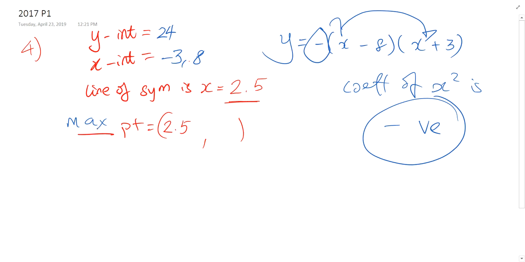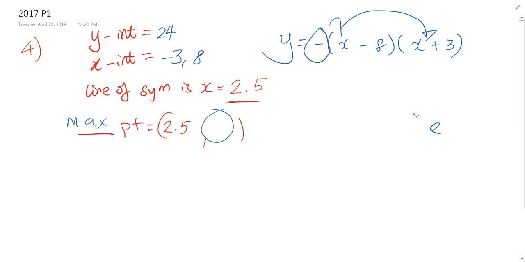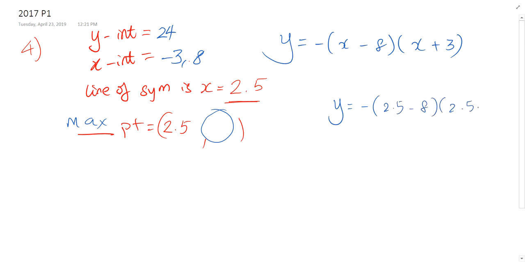It is 2.5 comma something. What is the y coordinate over here? How do you find the y coordinate? Sub it into x. So when x equals to 2.5, y equals to negative (2.5 minus 8)(2.5 plus 3). Answer? 30.25.